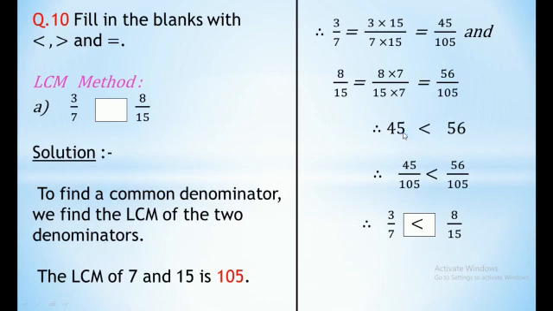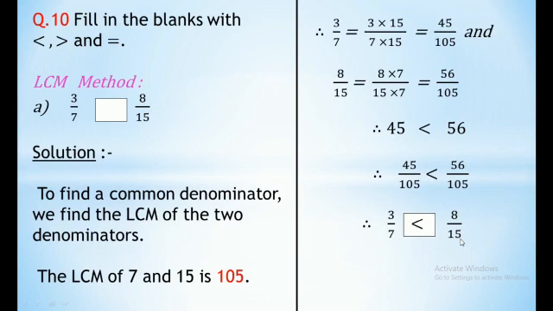Here 45 and 56, in between them 45 is smaller than 56. If 45 is smaller than 56, that means 45 upon 105 is also smaller than 56 upon 105. According to this statement, we can write here that 3 by 7 is less than 8 by 15.